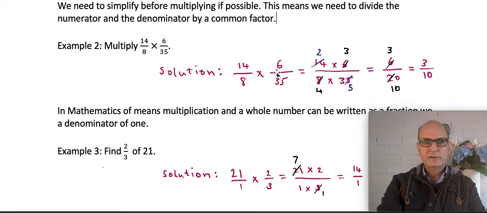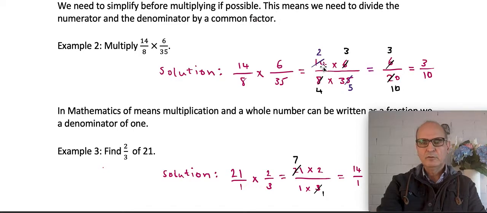So we write them and then we draw a larger fraction line and multiply the numerators, 14 times 6, and the denominators, 8 times 35, but here we can cancel. We notice that 14 and 35 both have a common factor of 7.